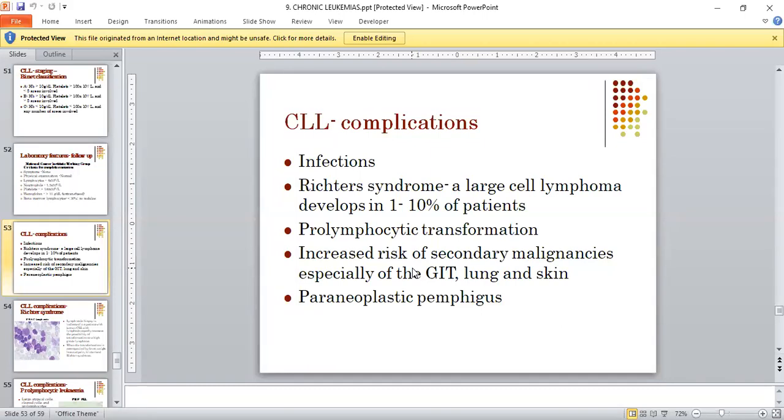You can also have Richter's syndrome, a large cell lymphoma that develops in around 1 to 10% of patients. Prolymphocytic transformation, increased risk of secondary malignancies, or something called paraneoplastic pemphigus.